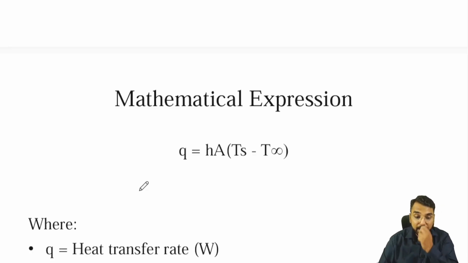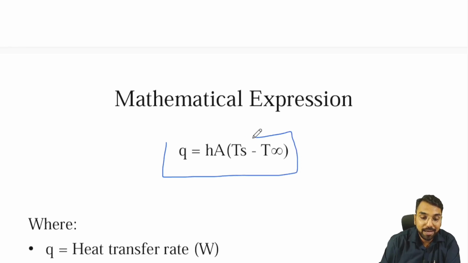So the mathematical expression for Newton's law of cooling is Q equals H into A multiplied by Ts minus T infinity, where Q is the heat transfer rate, its unit is watt, and H is the heat transfer coefficient, which has a unit of watt per meter square Kelvin.